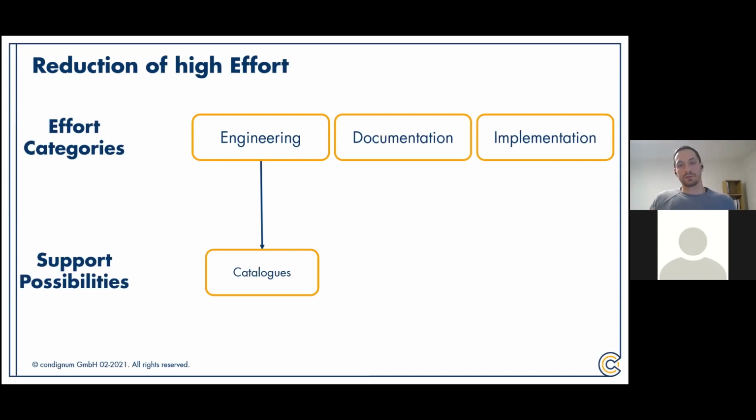And if we think about how we can reduce them, for the engineering, I can really recommend you to use catalogs, like requirements catalogs from different sources. As I said before, for example, from OWASP, there is the Application Security Verification Standard, ASVS, which has, I think, about 300 different requirements for secure web development.